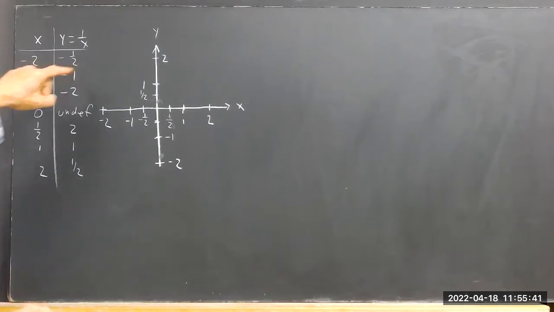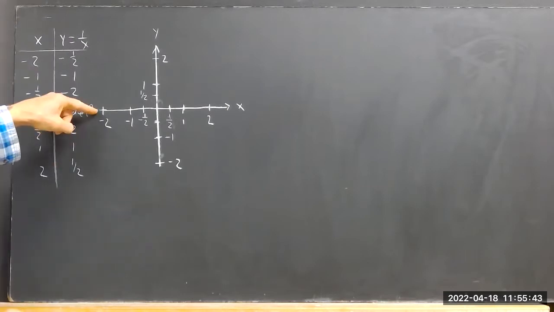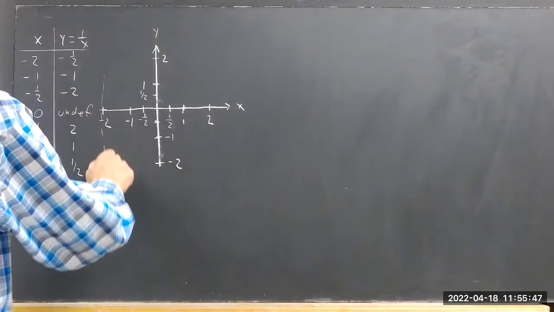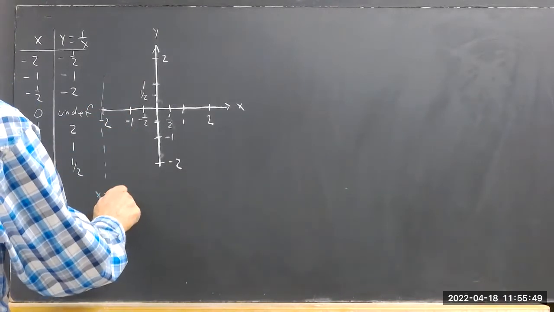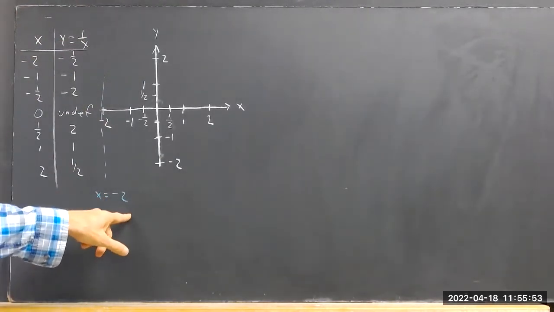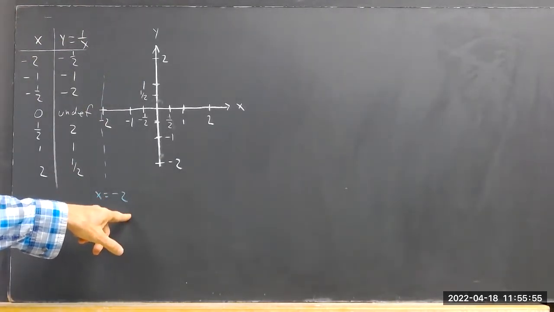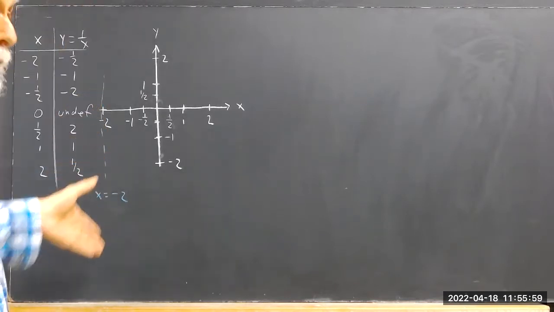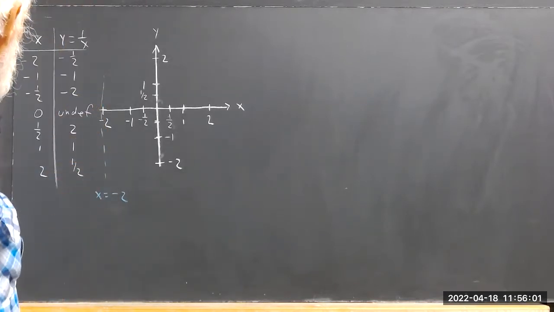-2, -1/2. When x is -2, that's here, right? So we can even draw this, okay, here. Here's where x equals -2. Every point on this vertical line has x coordinate -2, doesn't it? Because every point on this line lies above or below -2 on the x-axis.